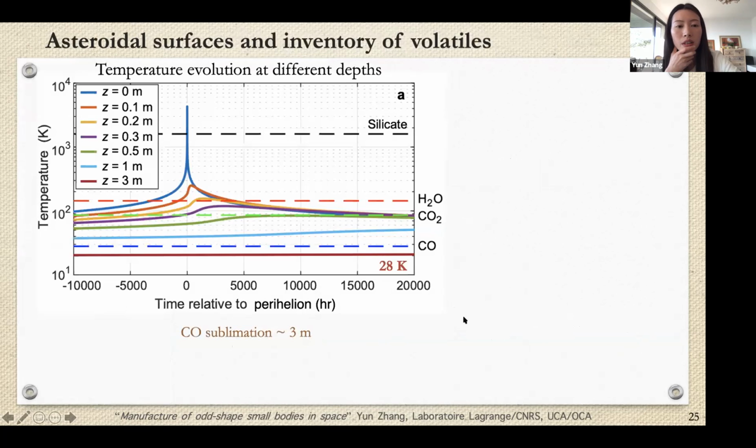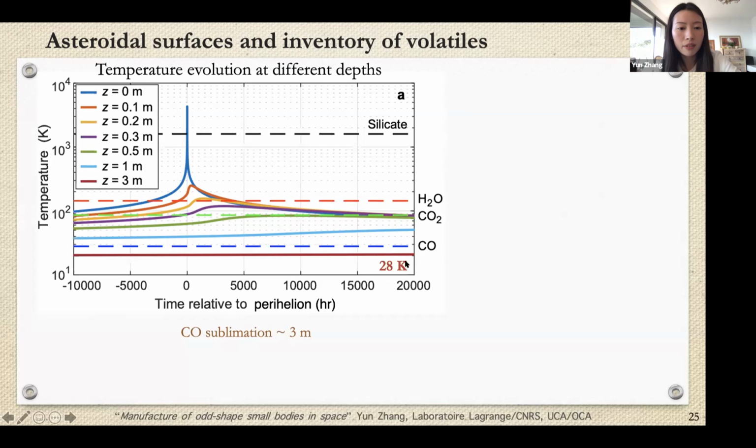Next, we need to check if the ejected fragments can have a surface similar to Oumuamua. As this figure has been shown before, thermal modeling shows that the heat diffusion during the tidal close encounter will consume a significant amount of volatiles. These dashed lines indicate the sublimation temperature for these volatiles.